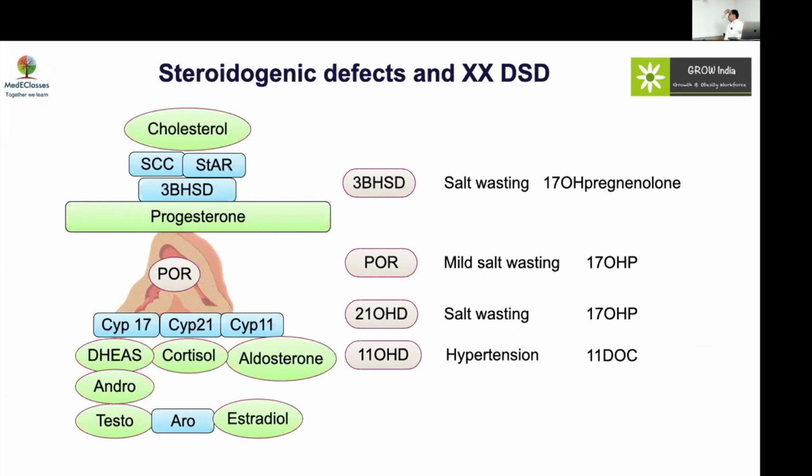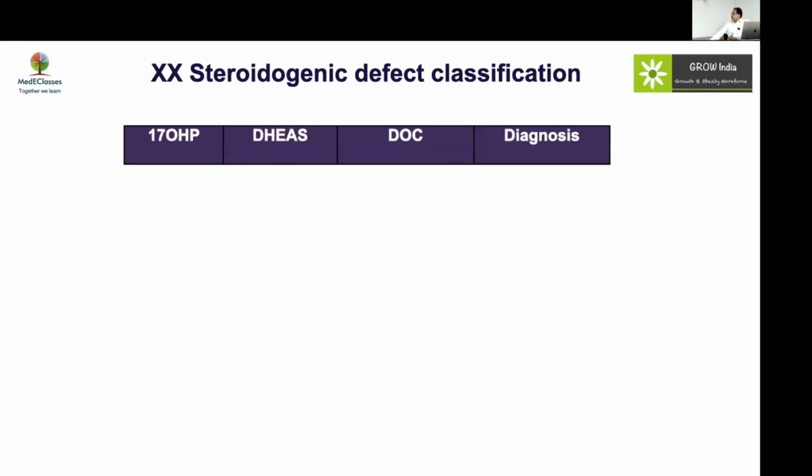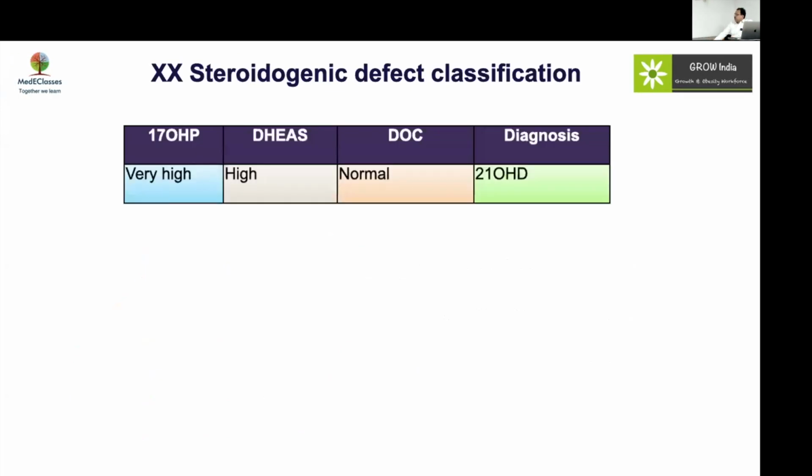If you have salt wasting with mild elevation, think of POR; 3-beta-HSD can also cause a mild elevation. If there is hypertension, hypokalemia, alkalosis, along with XX DSD, you think of 11-hydroxylase and do 11-DOC in that situation.